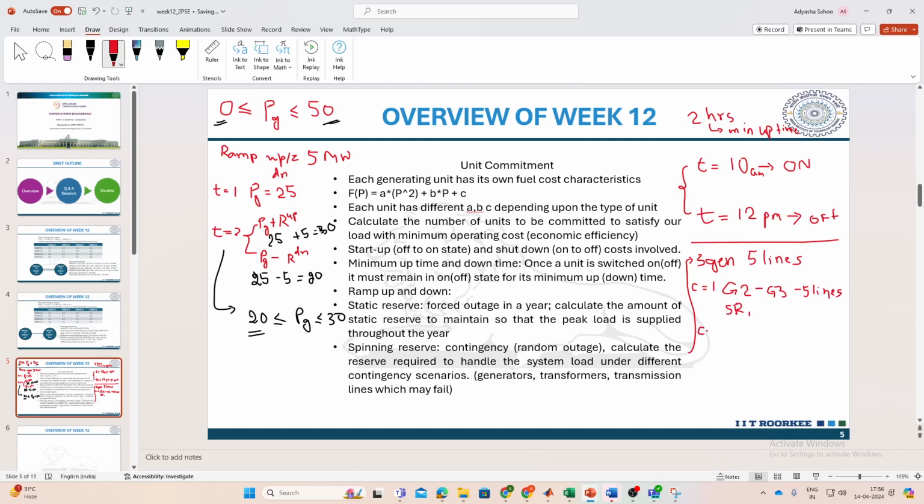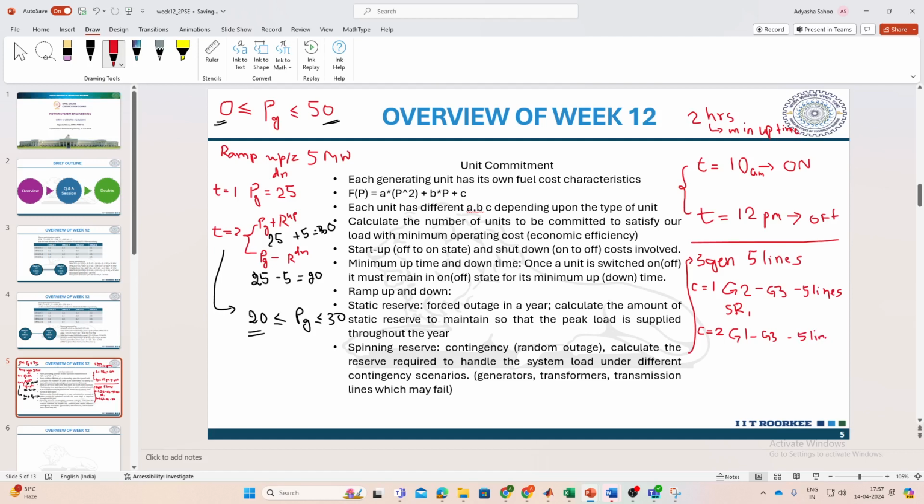Then another contingency we will consider, where let's say now your G2 is under random outage. So basically now you have with you G1, G3 and your 5 lines.